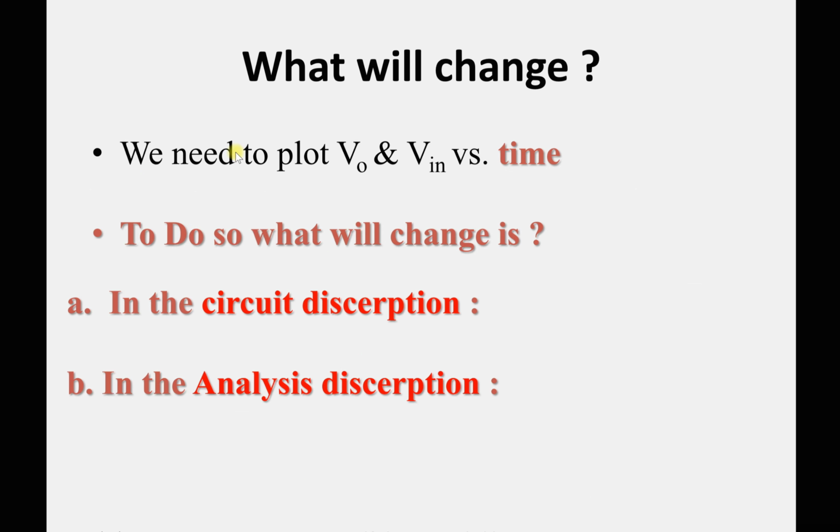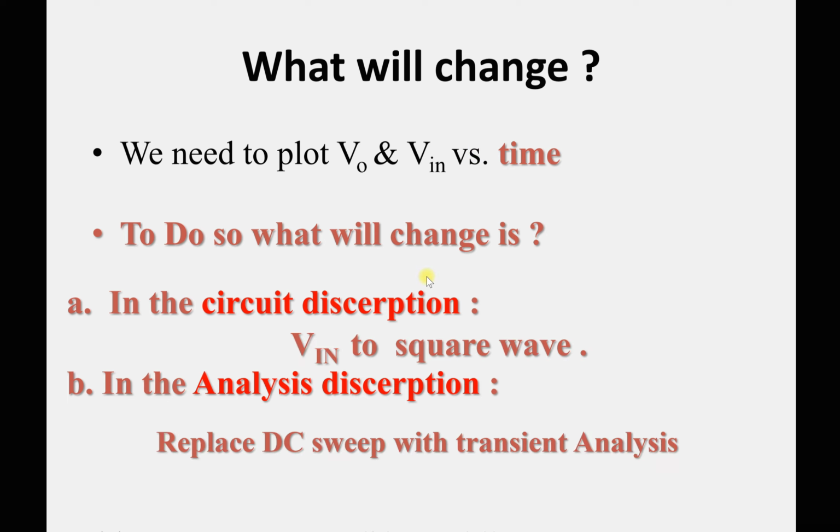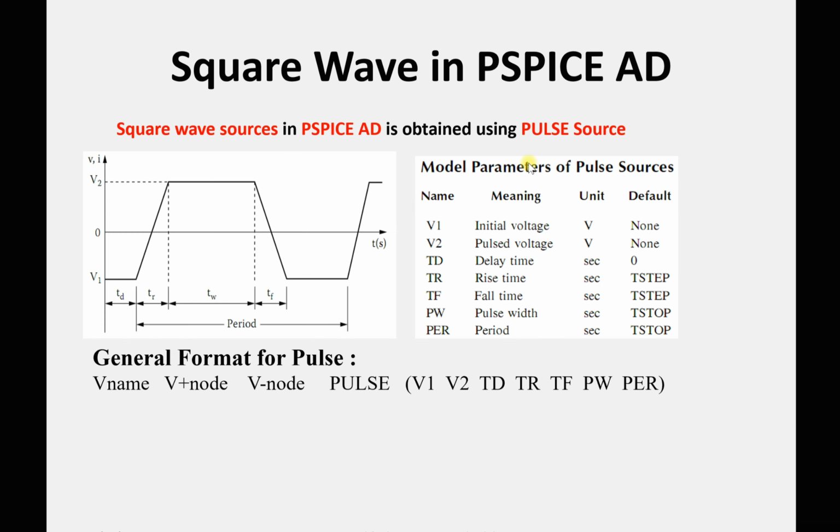As we said, if we want to plot the output and the input versus time, what will change in our circuit is that the input will change to a square wave and the analysis description will be changed to transient analysis, since we want our x-axis to be a time axis.